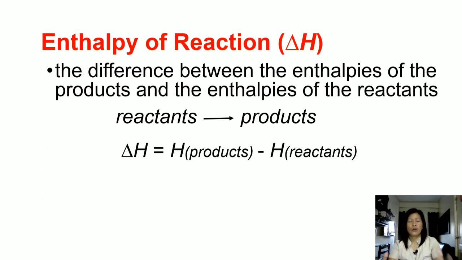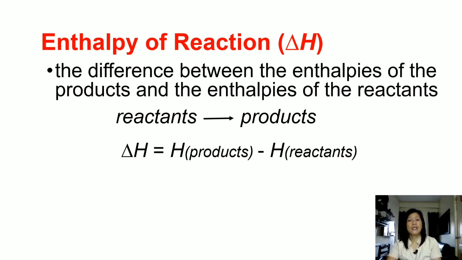enthalpy, considering chemical reactions, can be determined by the equation delta H, or enthalpy of reaction, or change in enthalpy of a reaction, equals the difference, just minus, enthalpy of the products and enthalpy of the reactants.